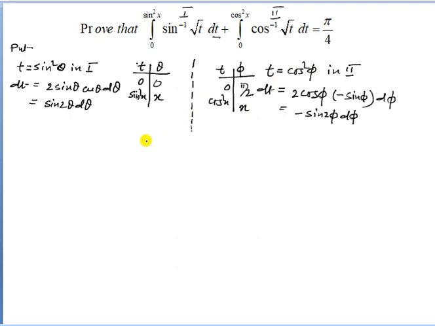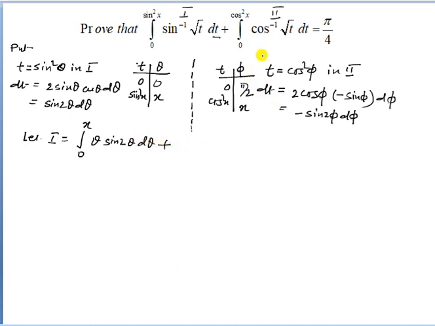Now put all these things in the main integration. Let I equal the integral from 0 to sin square x. Since t equals sin square theta, sin theta is equal to root t, so theta is equal to sin inverse root t. So sin inverse root t is replaced by theta and dt is replaced by sin 2 theta d theta.